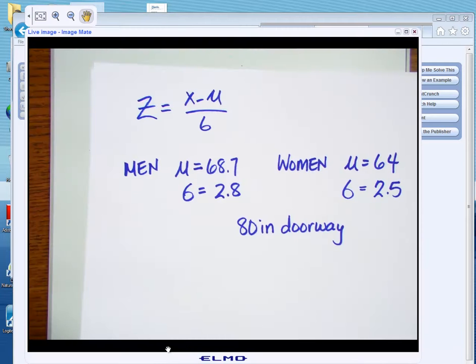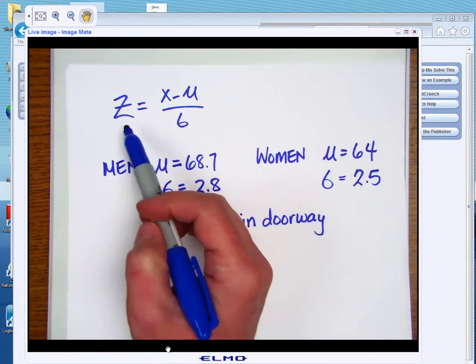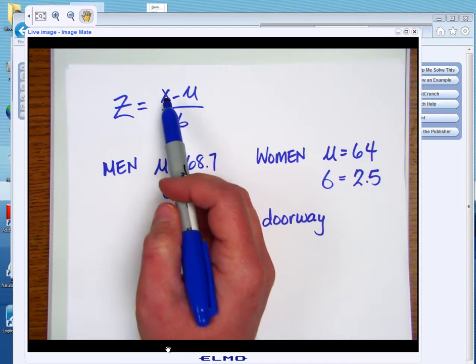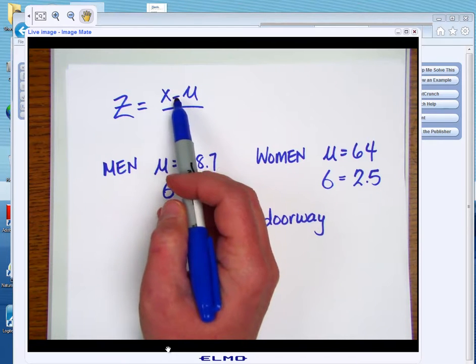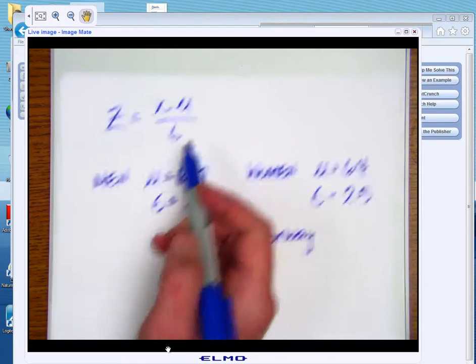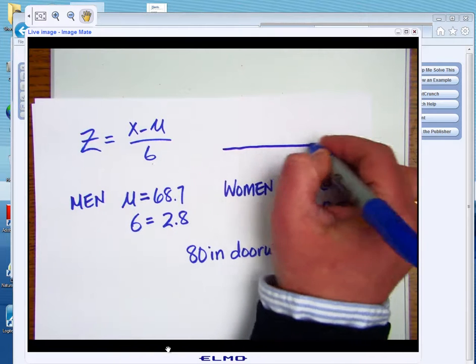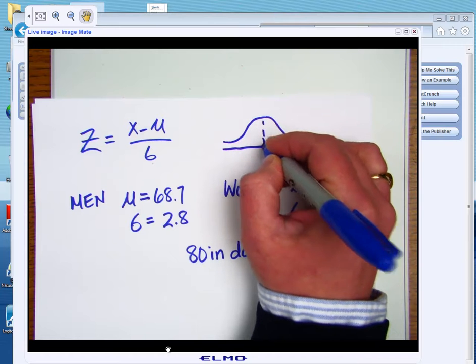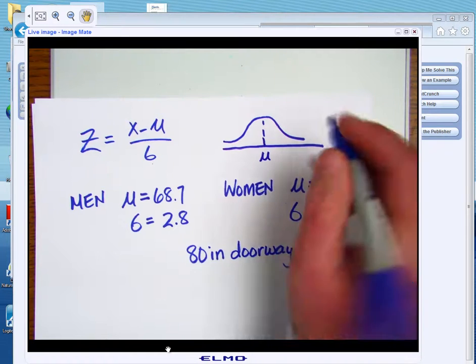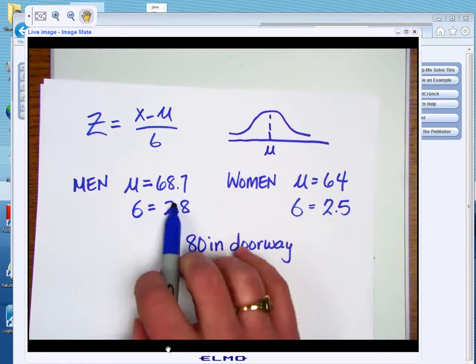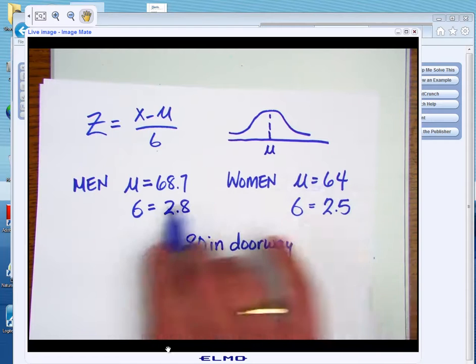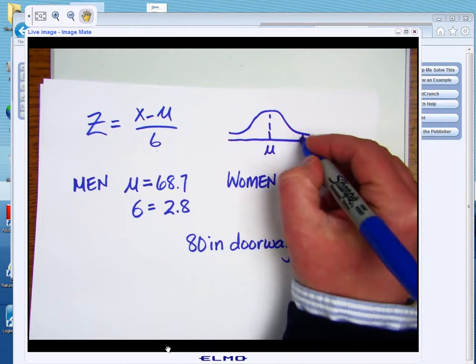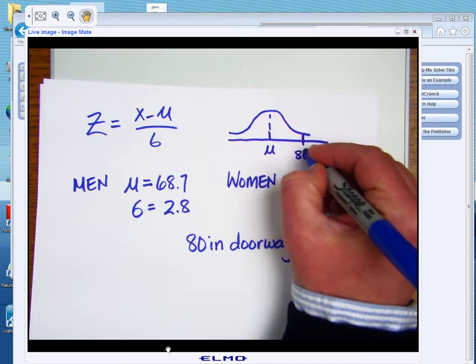So we're going to go over here and look at our calculation for the z value. It's x, some value in our population, minus the mean divided by the standard deviation. Now let's look at what we're looking at. If this is the mean height here, 68.7 or 64, depending on which one you're looking at, we're looking for a value way over here, 80 inches.